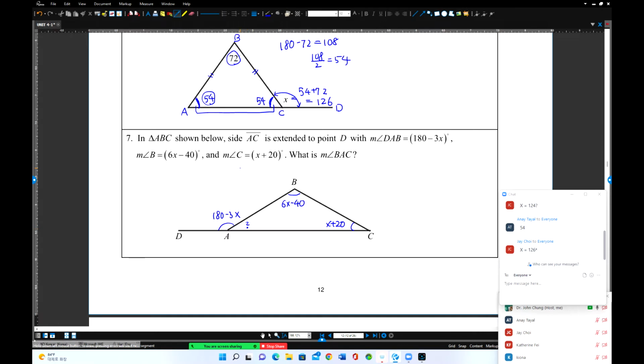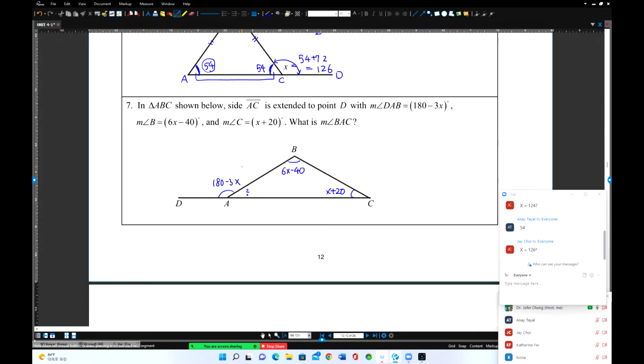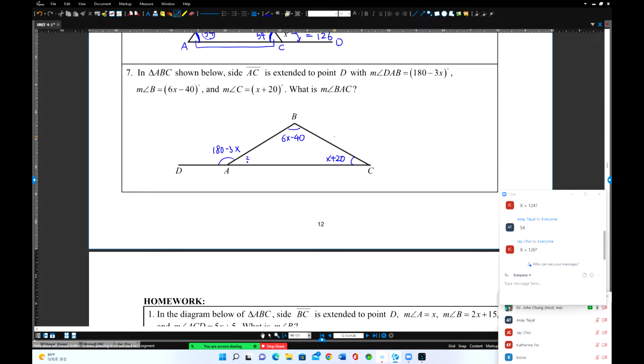Anyway, we need to find the value of X using the exterior angle theorem. Can you find the value of X? This exterior angle equals the sum of these two remote interior angles. So 6x minus 40 plus x plus 20 equals 180 minus 3x.